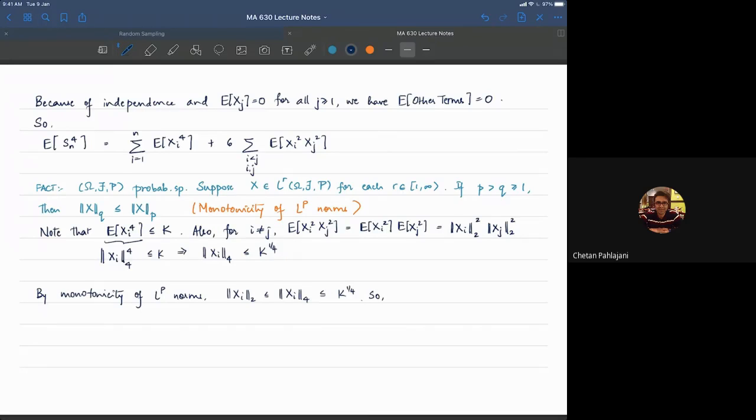So the L2 norm of xi squared is less than or equal to root K. Similarly, the L2 norm of xj squared is less than or equal to root K. So this guy is less than or equal to the square root of K, and this guy is less than or equal to the square root of K. Any questions with this?